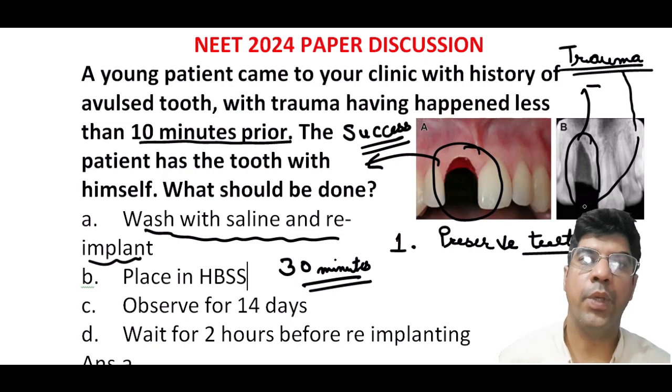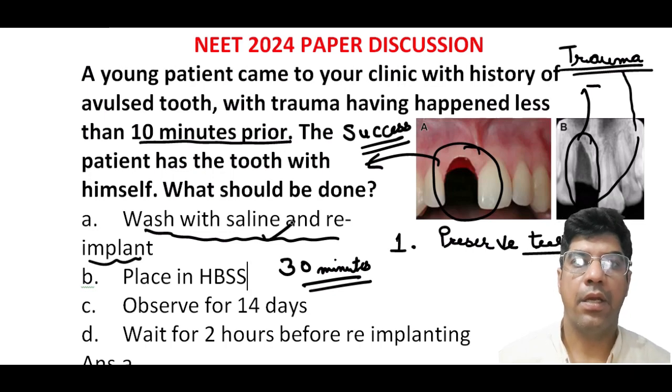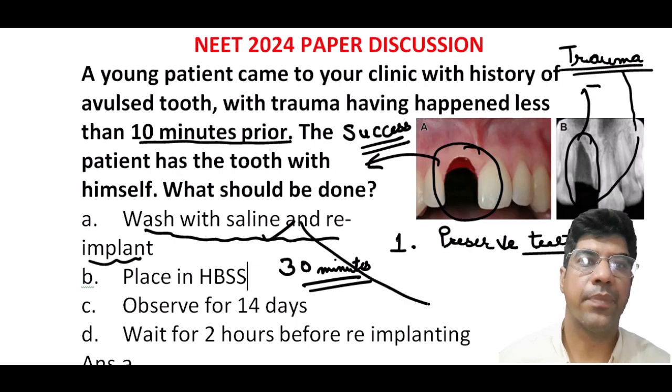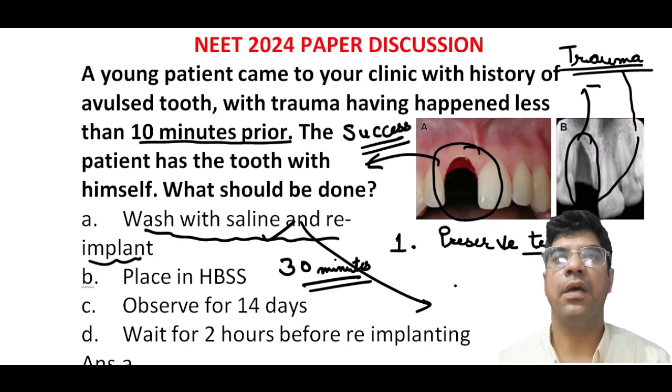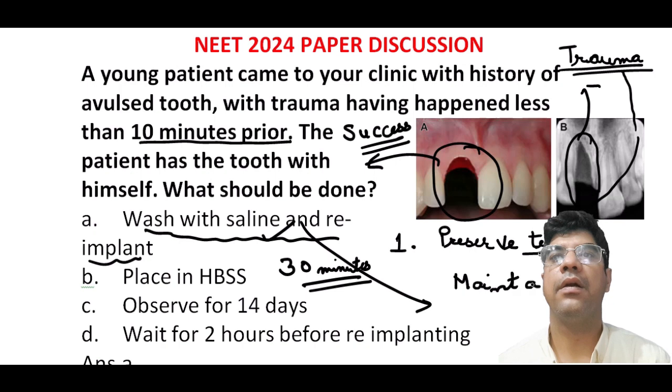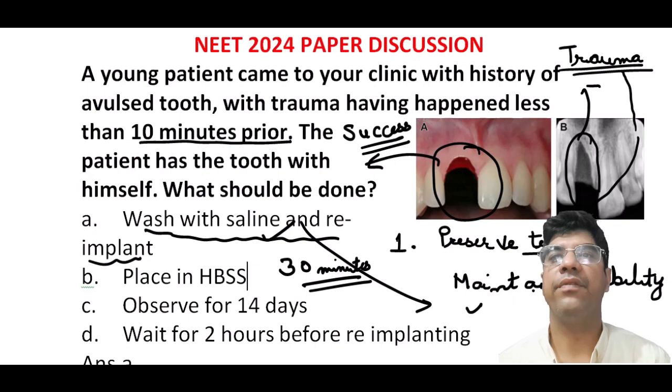So next we need to prepare the tooth for the reimplantation. We just rinse it with saline to remove any debris and keep it clean. That would help to maintain the viability of the tooth, and second, it would reduce the risk of infection.